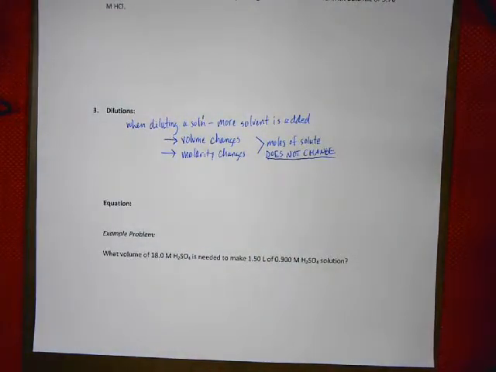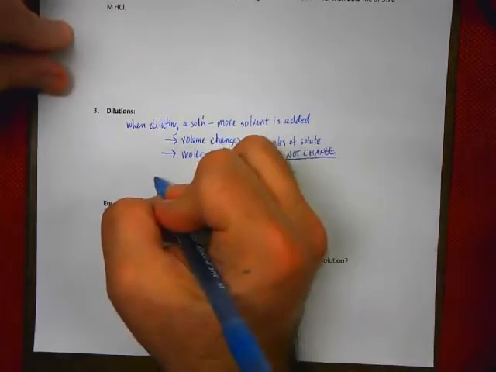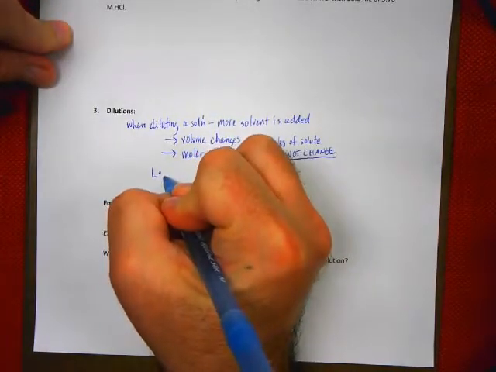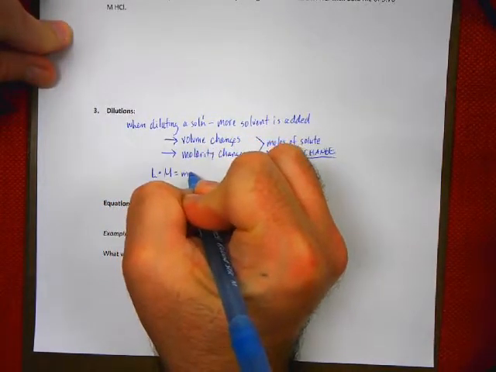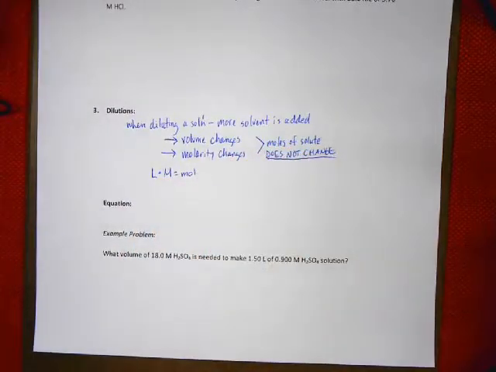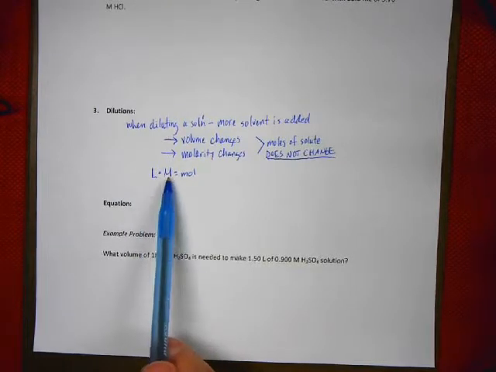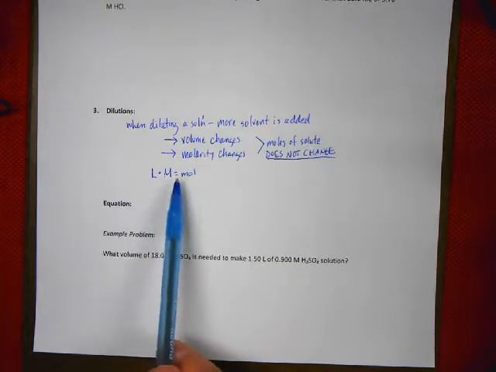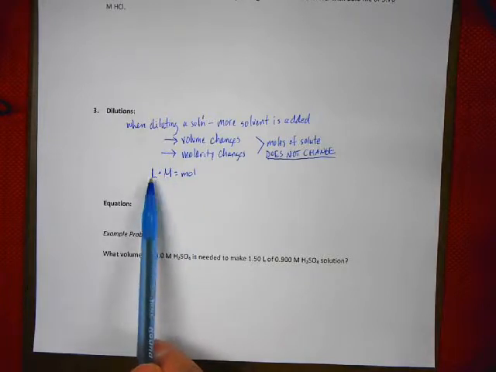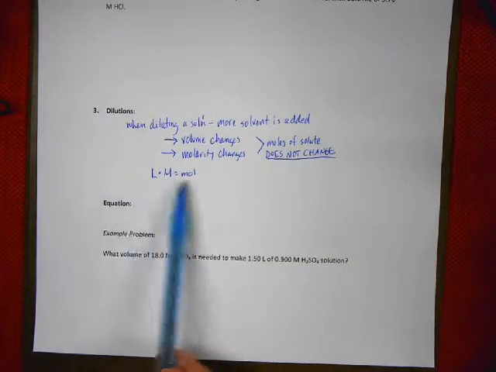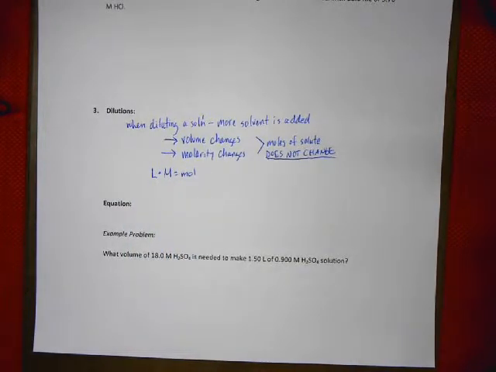So we know that liters times molarity is equal to moles. We talked about that before. So if we look at this in terms of molarity, moles is equal to molarity times liters, which we just rearranged for molarity.